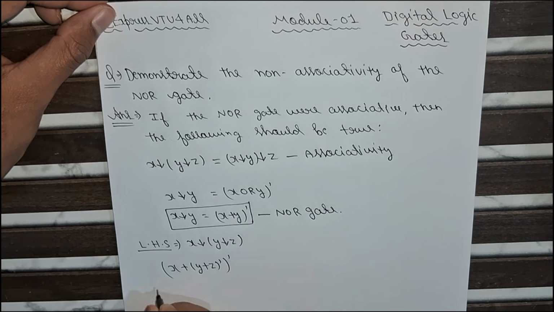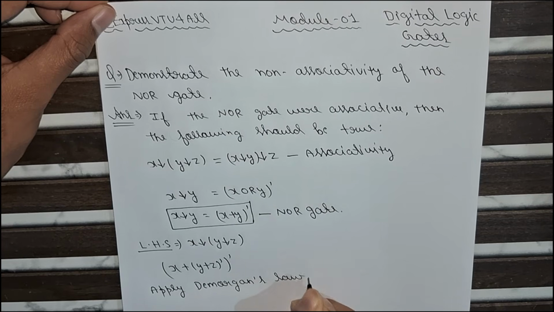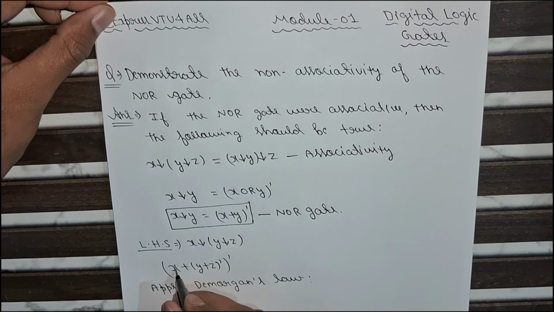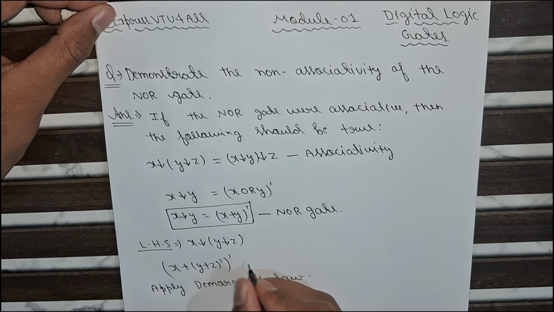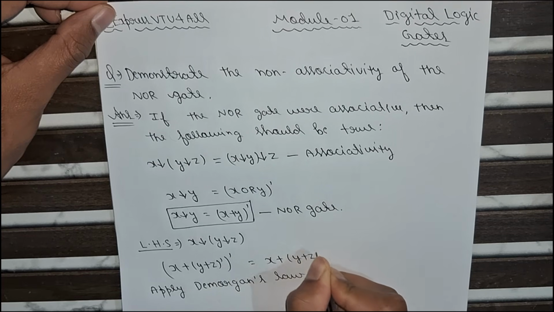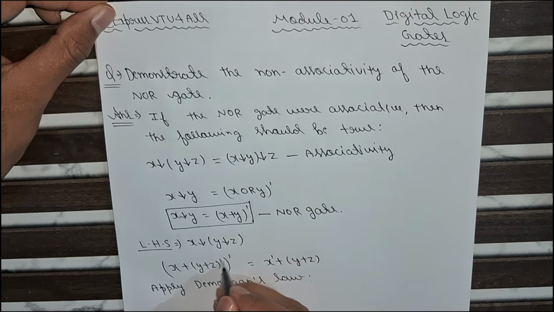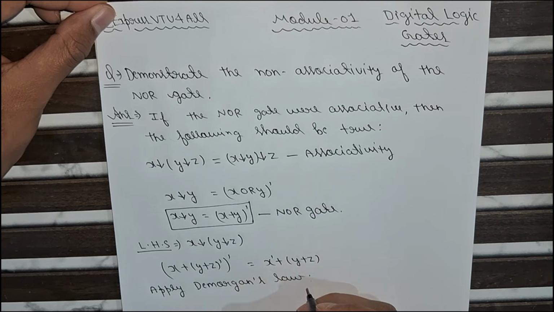So after applying De Morgan's law on this, we can write it as x and y plus. One more thing is that we can simplify this. How will we simplify? x OR y plus z, and there will be only one complement because this complement and this complement will be neutralized. So there will be no complement left here, but after plus there is no complement, so it directly will be here. So the equation will be like this.